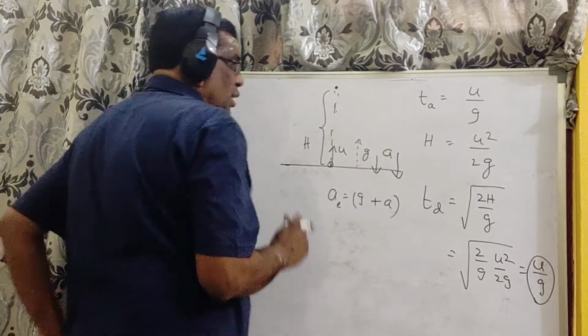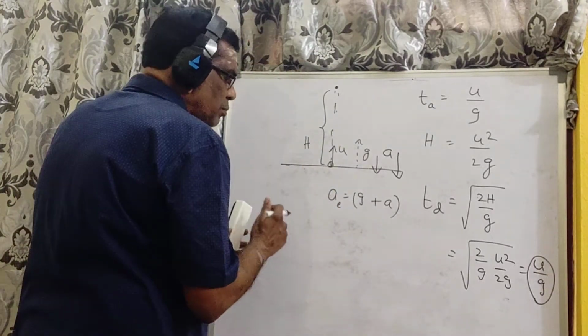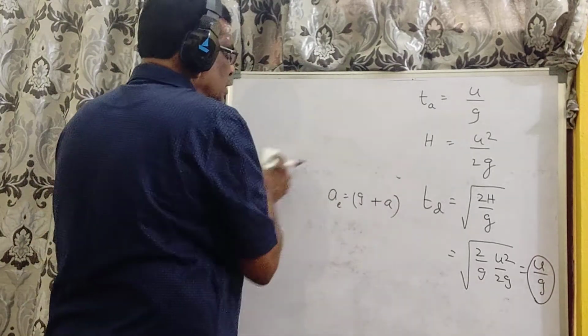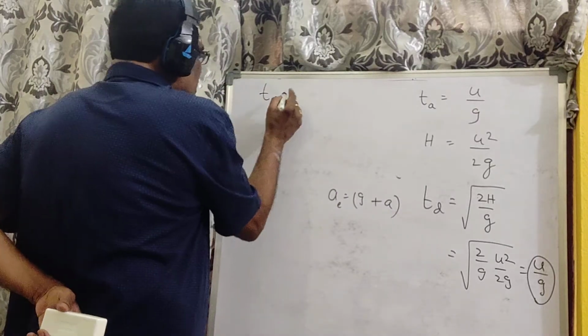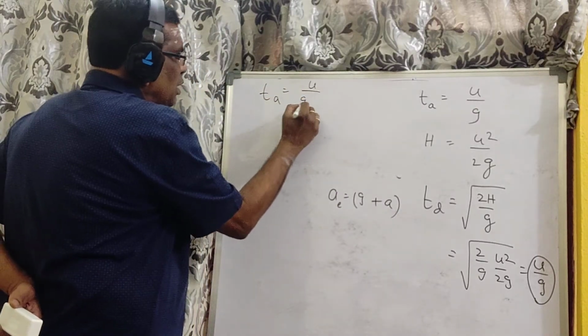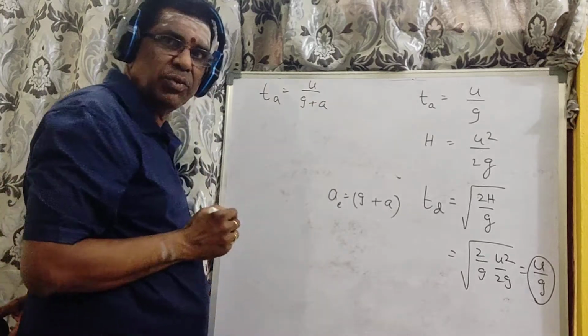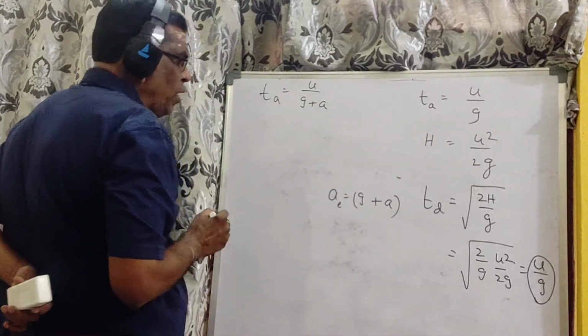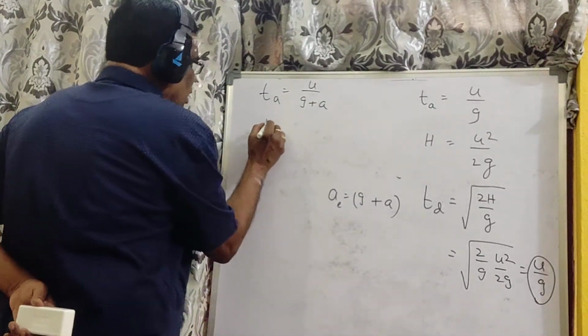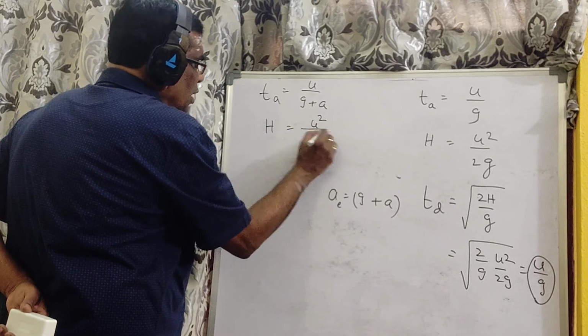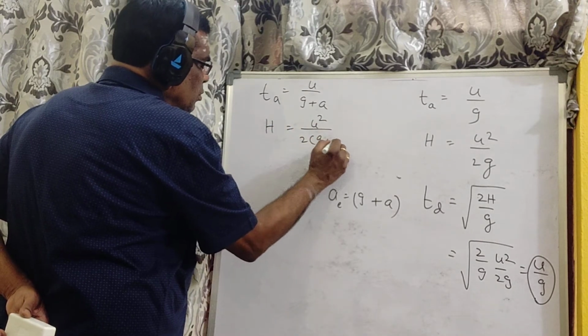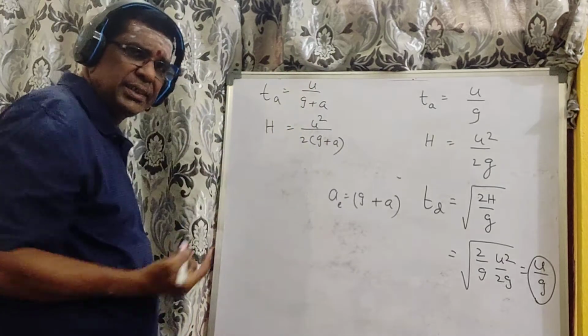Time of ascent, I'll write it here. Time of ascent is u by g plus a. That is one point which you should understand. Right? Now, what is h? u square by 2 into g plus a. This is during the ascent.